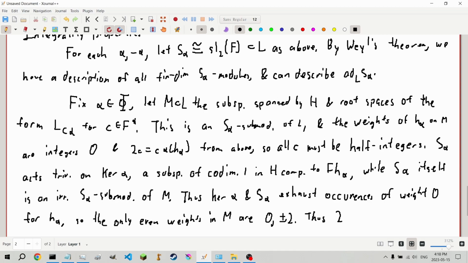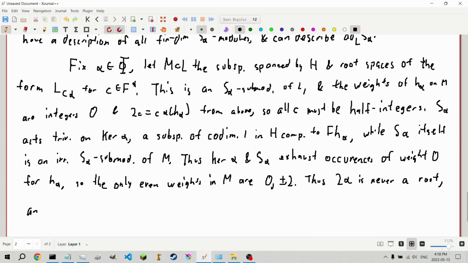Thus, a double root is never a root. And so logically, a half root cannot be either.